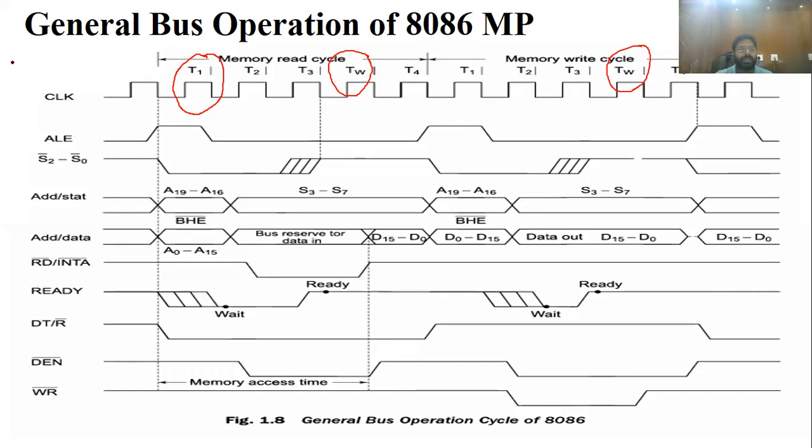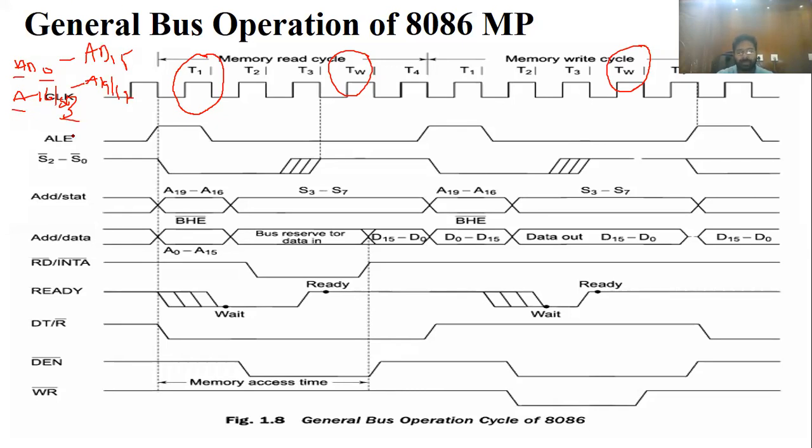These lines are AD0 to AD15, and you have the lines A16/S3 to A19/S6. These are multiplexed lines. Simply, multiplex means the same lines can be used for address as well as data. Here the same lines are used for address as well as status.